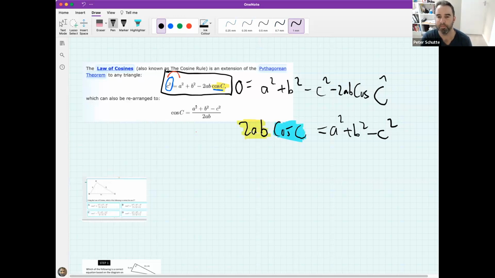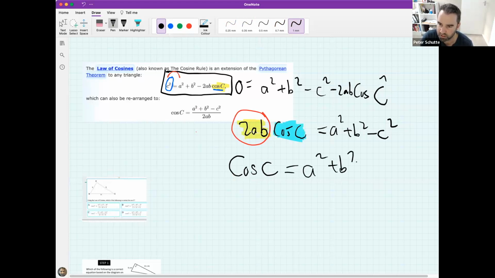So we're going to move that 2ab over to that side. Since it's multiplying this side, it's going to move to the other side. Yes. Perfect. Over to AB. And this C over here is an angle.